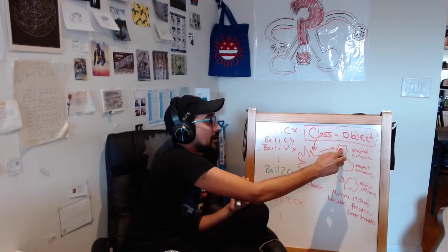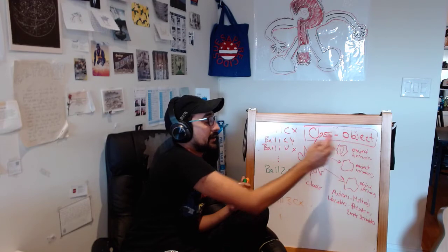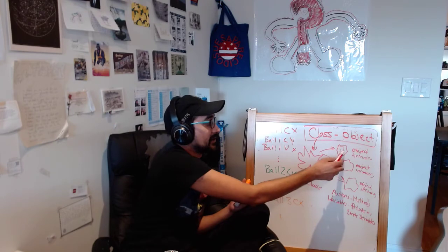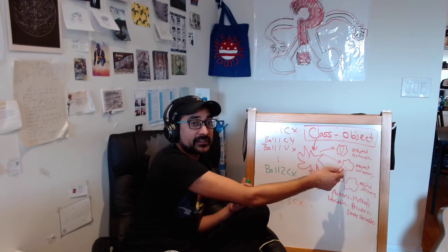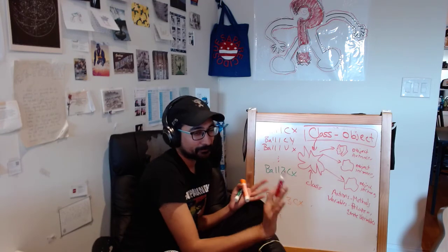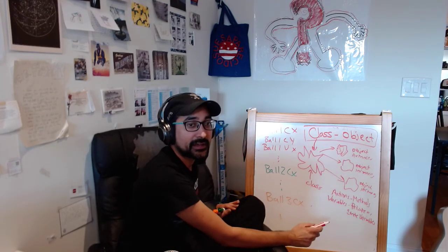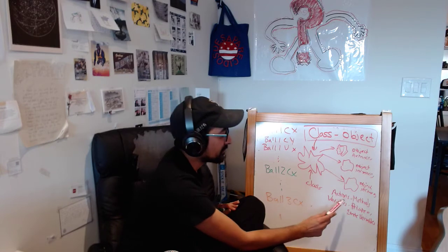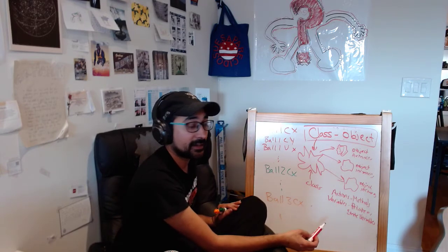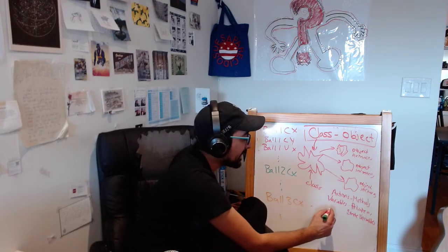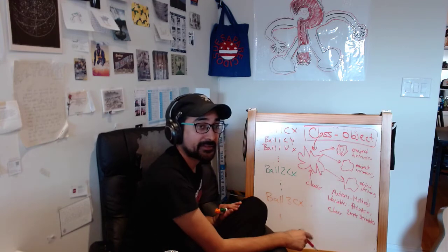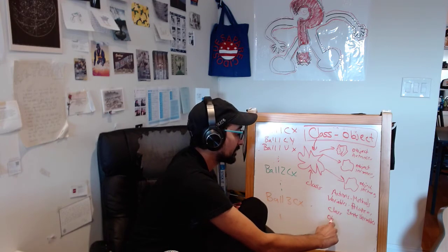So if I have an object and I decorate it with some frosting, it's different. It's got a different value of frosting than all of these, and so its current state is this amount of frosting. Don't worry about that if that doesn't make sense. We'll get to it. So actions are methods. Variables are private or state variables. Okay, we'll get there. And then we have classes and we have objects.